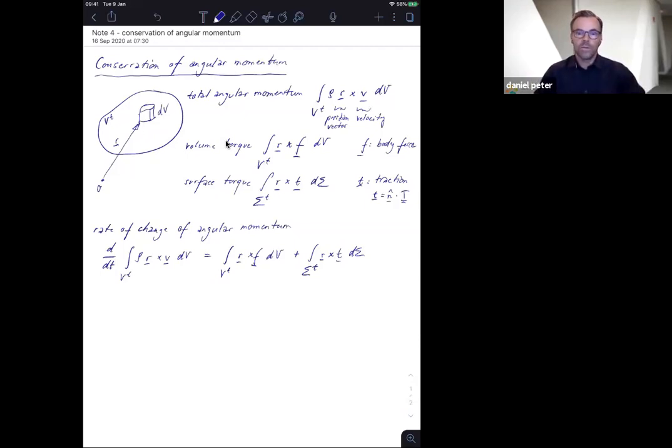So this lever crossed with the force is equal to this lever times the rate of change of the impulse, the momentum.